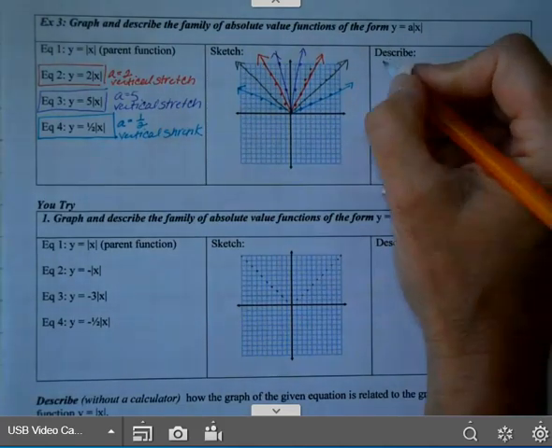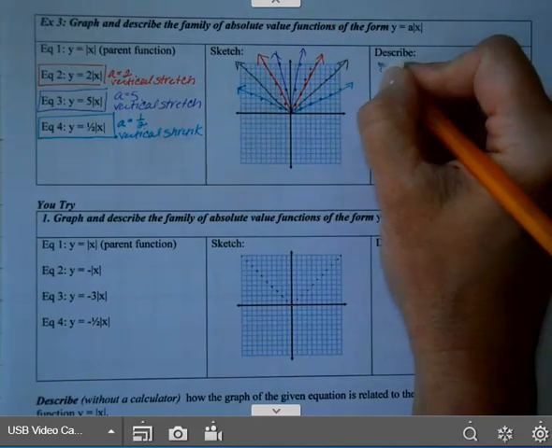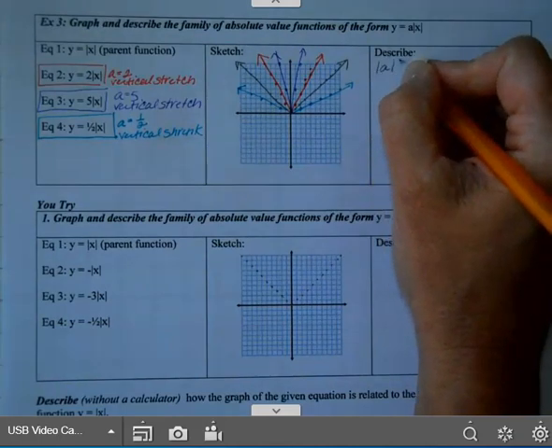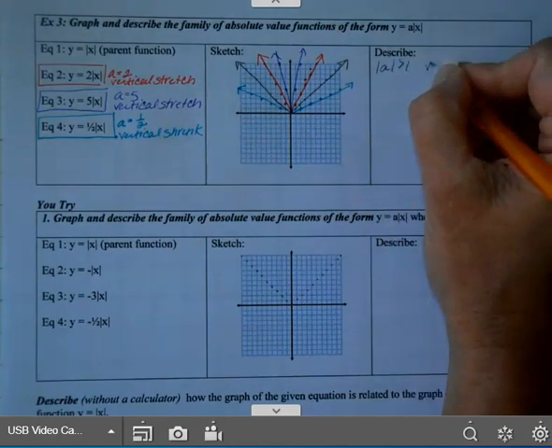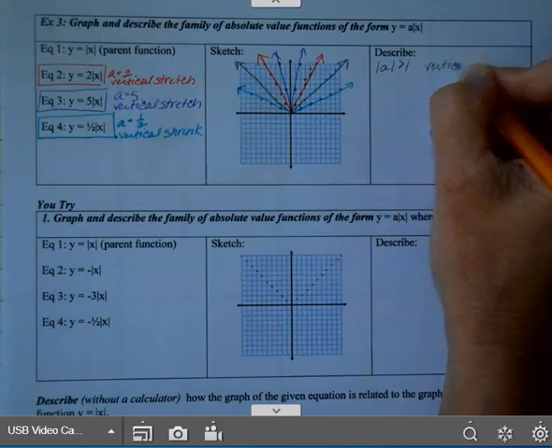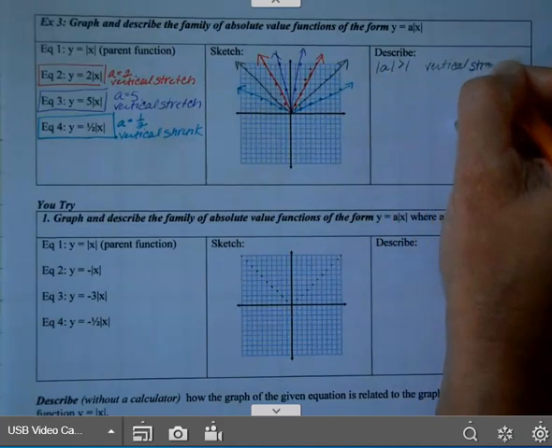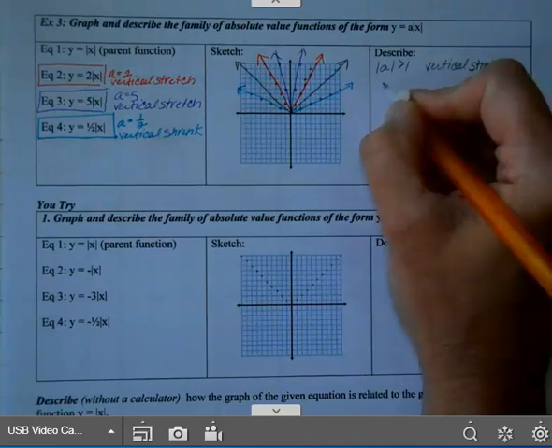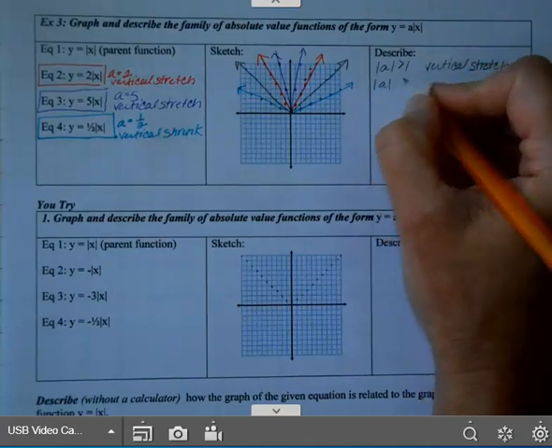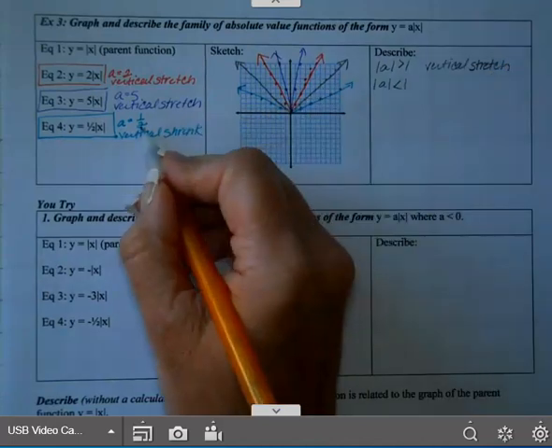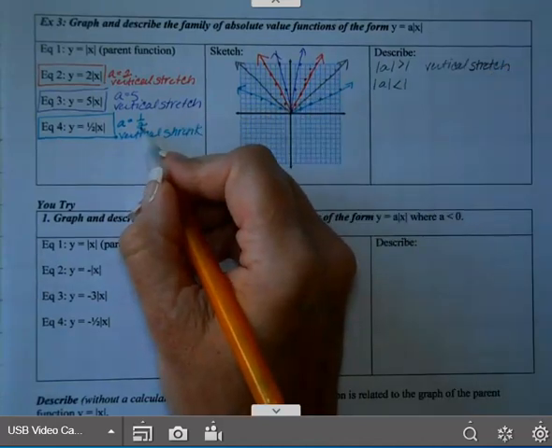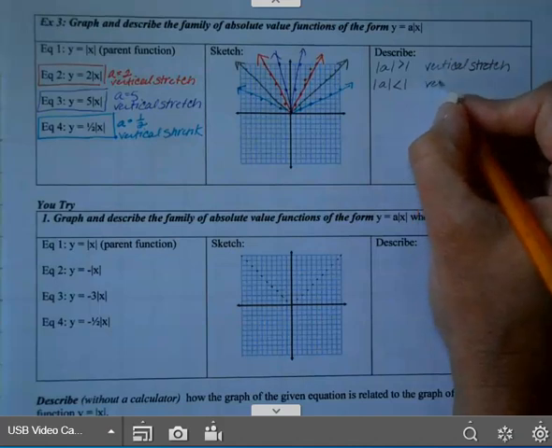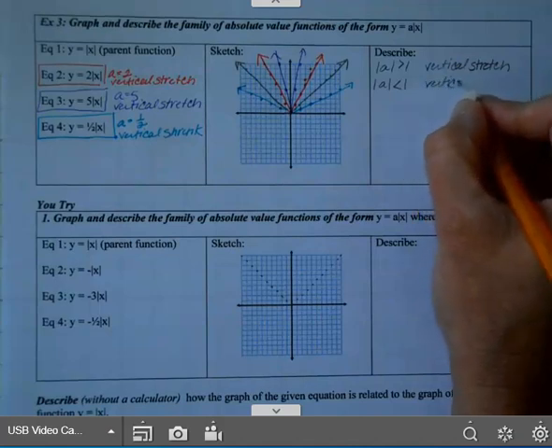So if my A value, I'm going to take the absolute value of that. If it's greater than 1, it's a vertical stretch. If your A value, when you take the absolute value, is smaller than 1, so 1/2 is smaller than 1, it's going to be a vertical shrink.